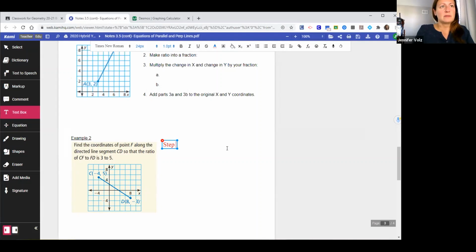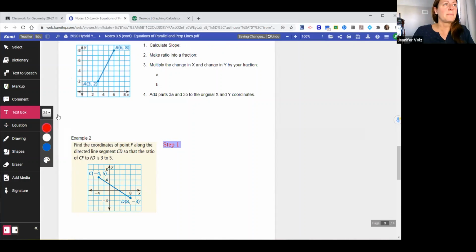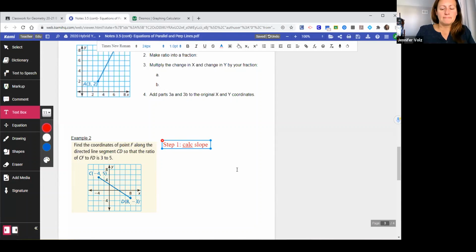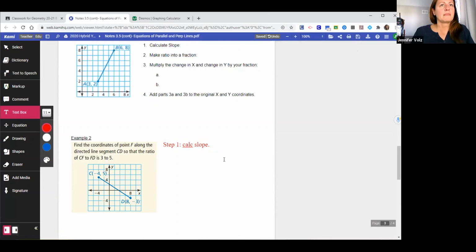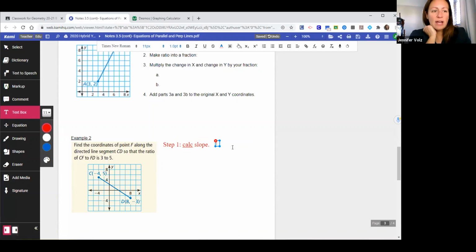Step 1. We need to calculate the slope of the current line. You could count on the graph. You could do rise and run, down and over if you want, or you can do coordinates.